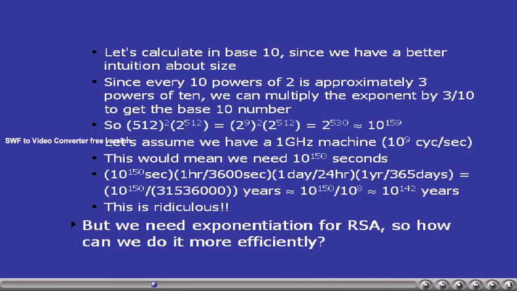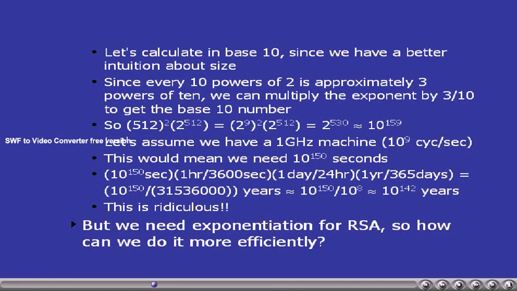Thus, the worst case complexity, if we represent in terms of base 10: 512 means approximately 2 power 9, so 512 whole square into 2 to the power of 512 is nothing but 2 to the power of 530. The same thing, 2 power 530, can be considered as 10 to the power of 159. So that is the order of complexity if we represent in the base 10 system.